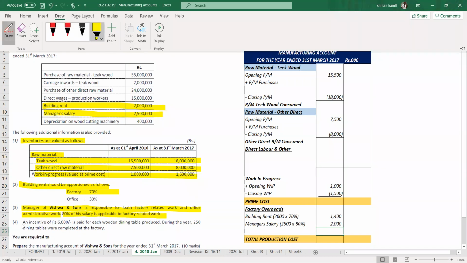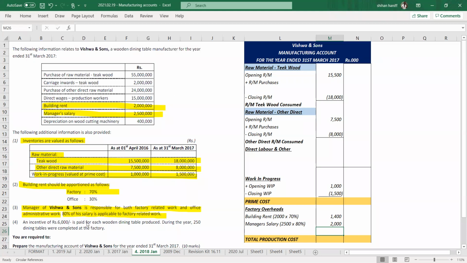And the last point, an incentive of 6,000 is paid for each wooden dining table produced. During the year, 250 dining tables were completed at the factory.